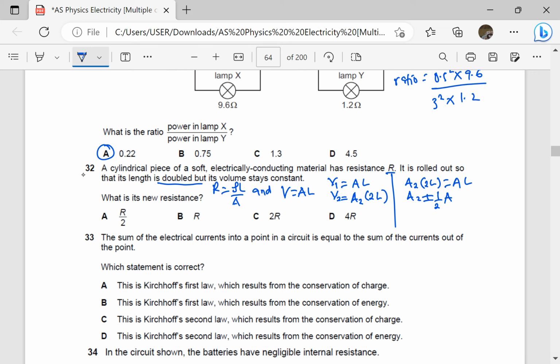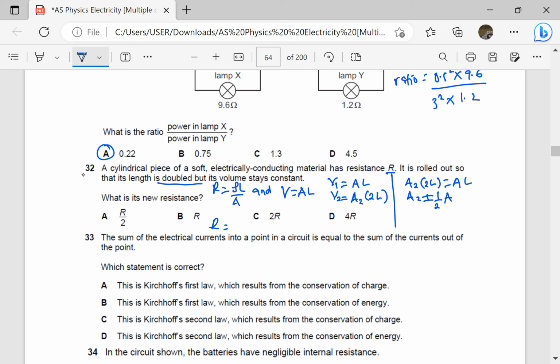So what is its new resistance? The new area is going to be a half A, so I'll just substitute here. The resistance is going to be rho, and it is the same material since it is rolled out.